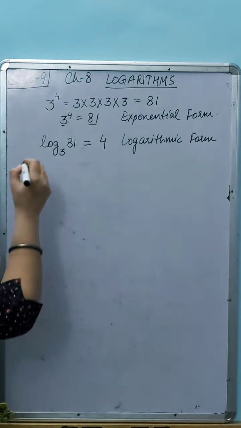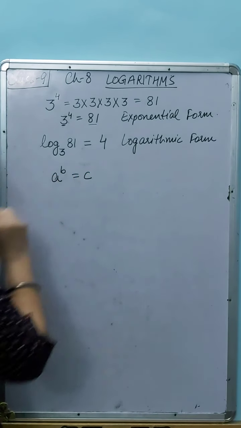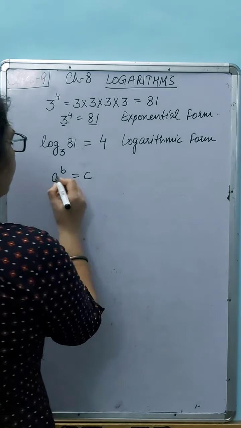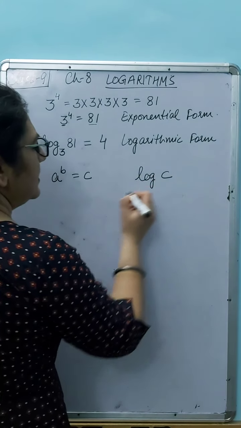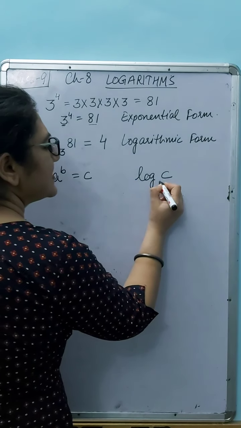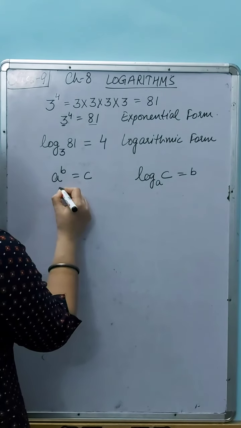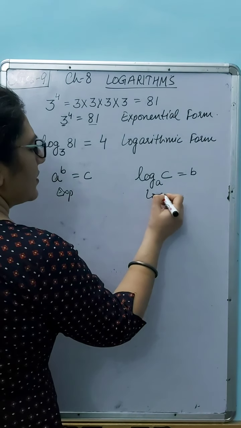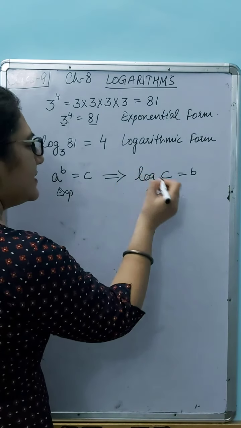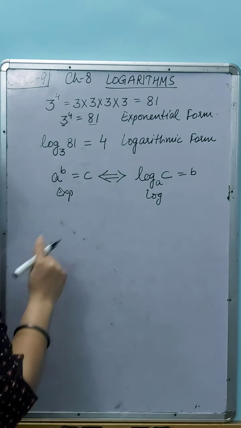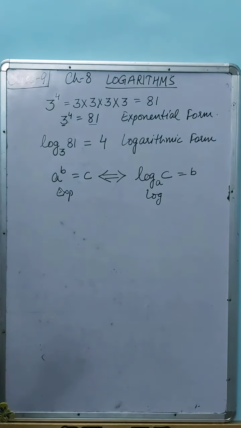Again, if I have a raised to power b is c, then we can write log of c to the base a is equal to b. This is exponential form and this is logarithmic form. This implies this step and this implies this step. These two forms are interchangeable.